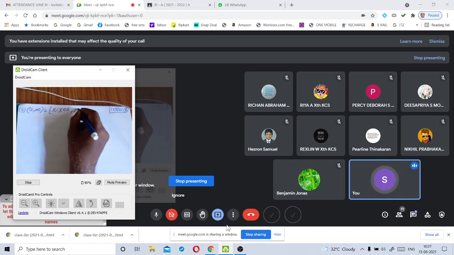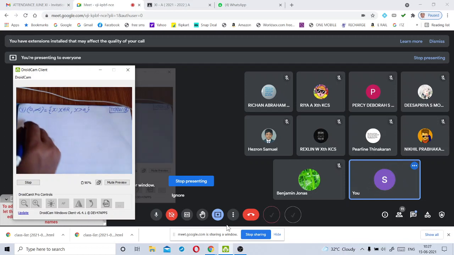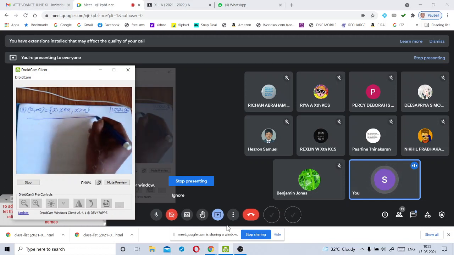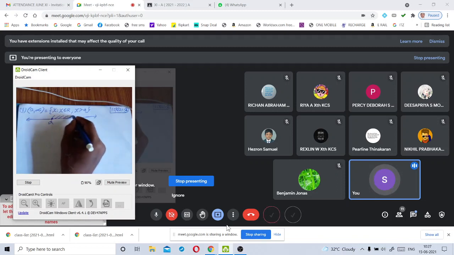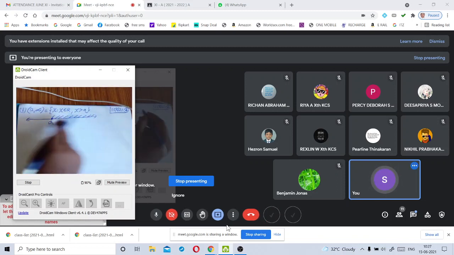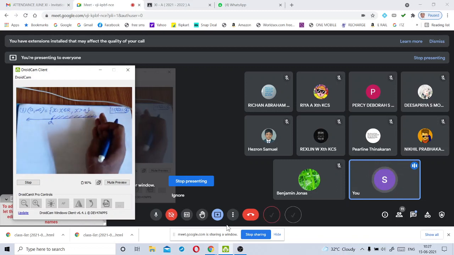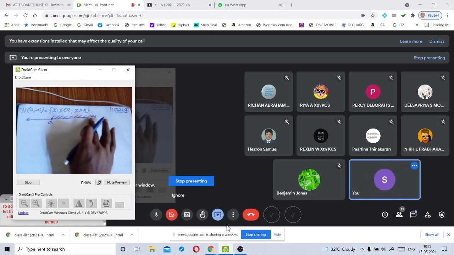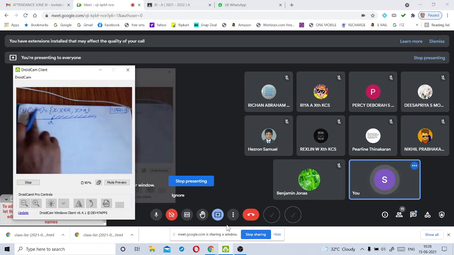So x is greater than A. If you want to represent this interval on the number line, mark the given number A on the number line. All the numbers which are to the right side of the given number, the set of all these real numbers, denote the open interval A comma infinity.